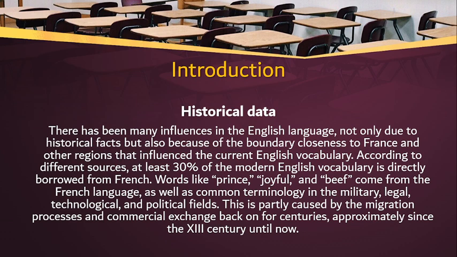Words like prince, joyful, and beef come from the French language, as well as common terminology in the military, legal, technological, and political fields. This is partly caused by the migration processes and commercial exchange going on for centuries, approximately since the 13th century until now.